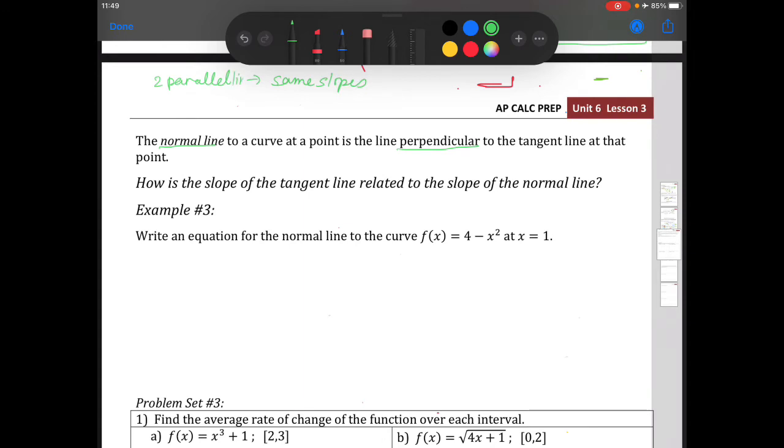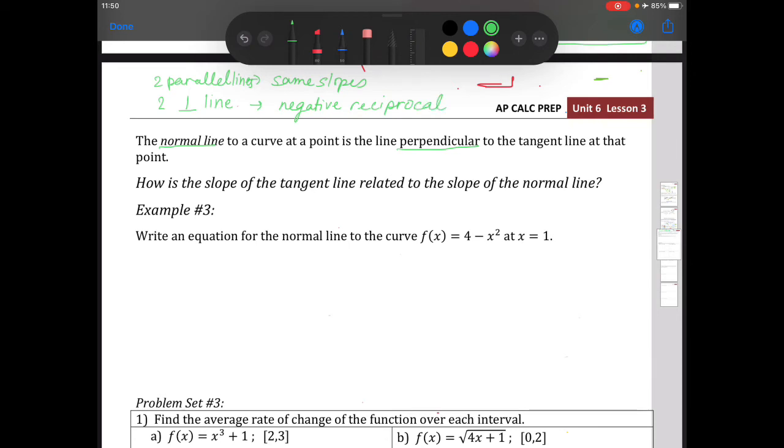And two perpendicular lines, that's the symbol for perpendicular, an upside down T, or we also call it the normal line to the curve, their slopes are negative reciprocals.